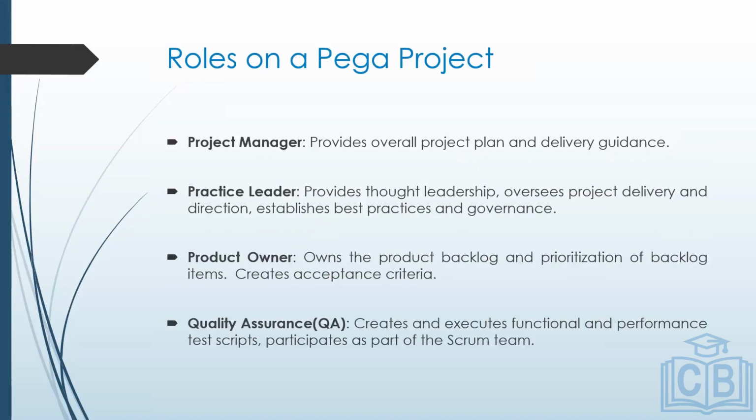Then we obviously need a project manager to look after the overall project timelines, delivery and that sort of stuff. Maybe a practice leader to look after the best practices of the delivery. And product owner, because he is the one who sends out the requirements, and the product owner will usually be a business architect, isn't it?